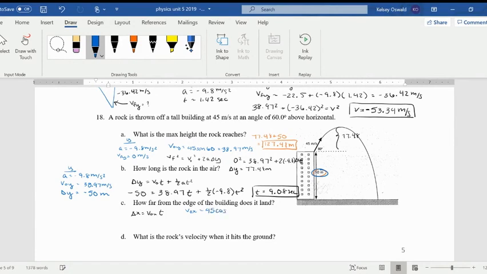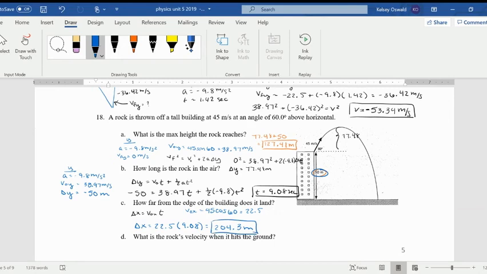So 45 cosine 60, and we'll find that the horizontal component of that velocity is going to be 22.5 meters per second. So to find our range, we'll just take that 22.5 times how long the rock is in the air. We'll find horizontally it travels a distance of 204.3 meters.